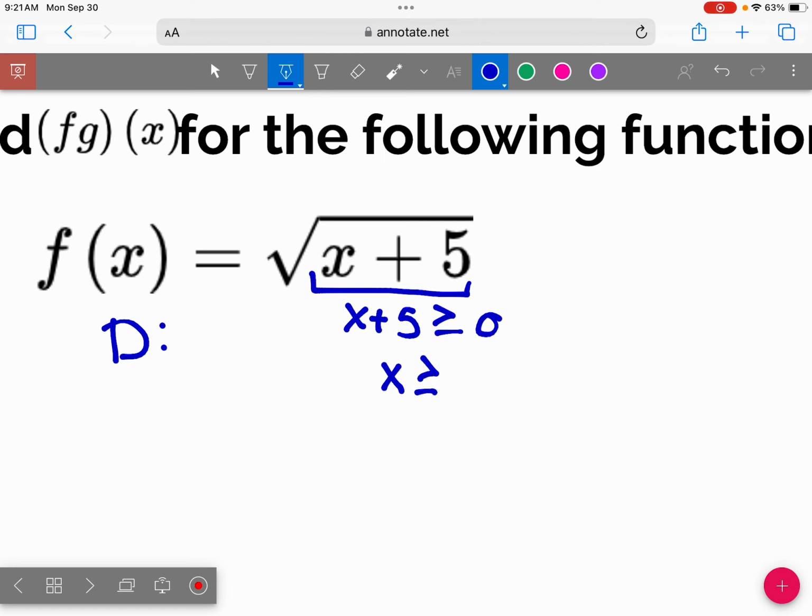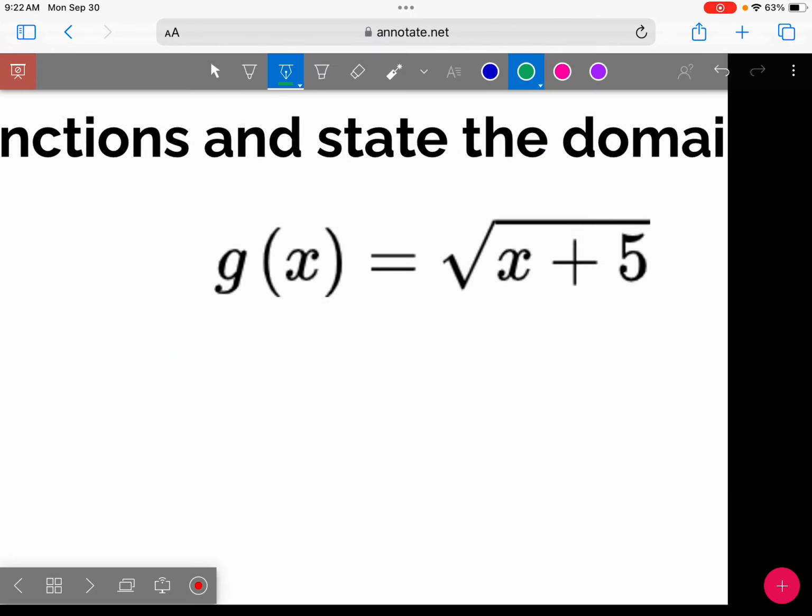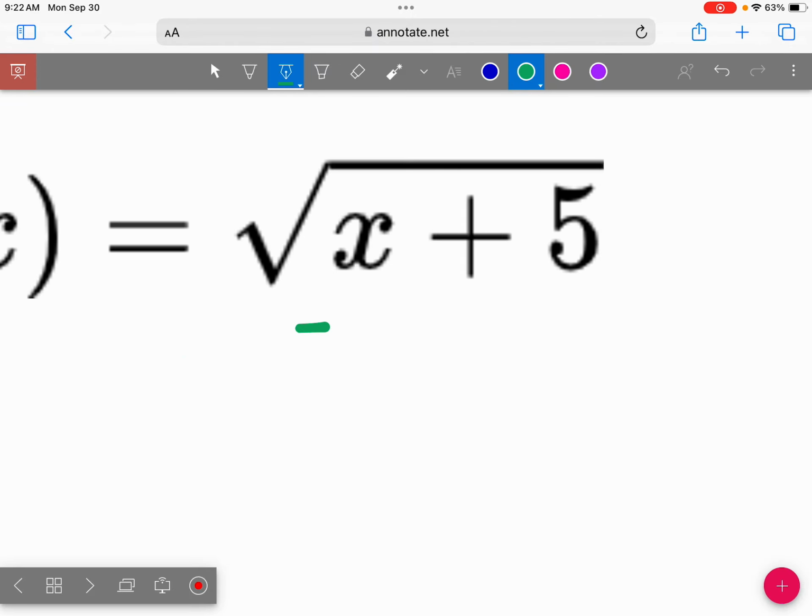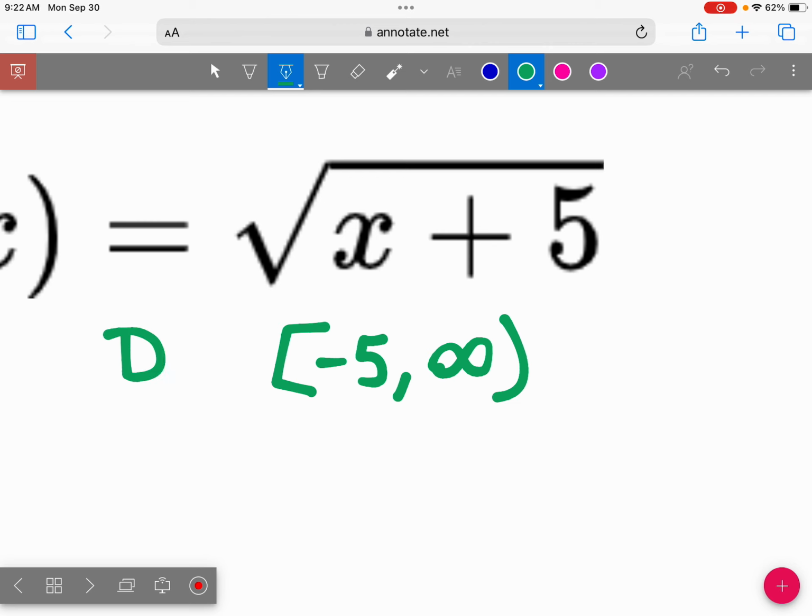X is greater than or equal to negative 5. So our interval goes from negative 5 to infinity, right? How about for g of x? Same. From negative 5 to infinity. So these are our domains. We'll use those in a little bit. But sometimes it's easier to figure those out before we start doing other pieces than coming back to it at the end and figuring it out then.